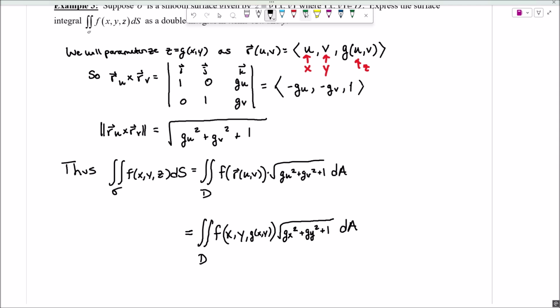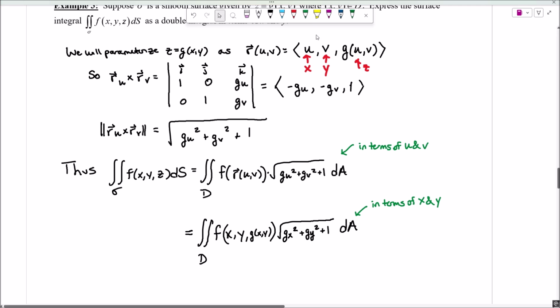And so when I look at these two integrals, this is an integral that is in terms of u and v, whereas this is an integral in terms of x's and y's.